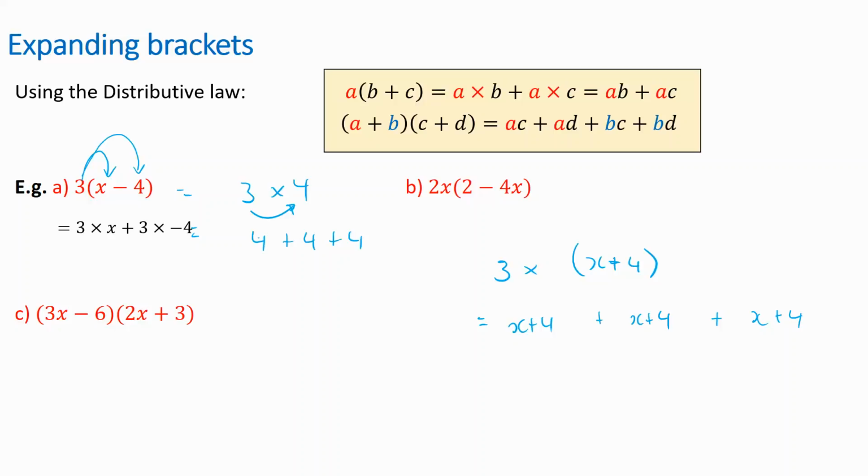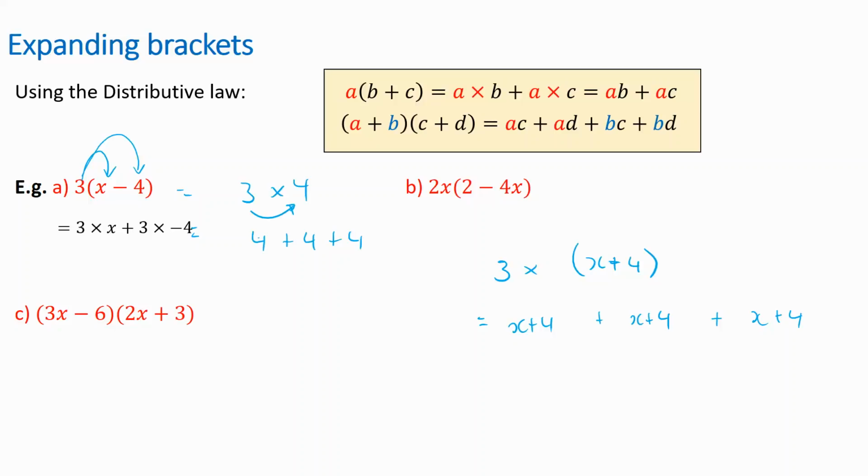That's 3 groups of x, which is why you write 3 times x. And over here, you've got 4 plus 4 plus 4. You already told me 3 times 4, which is 3 groups of 4, is 4 plus 4 plus 4. That's why we do 3 times negative 4, because we've got 3 groups of negative 4. That's why it makes sense.